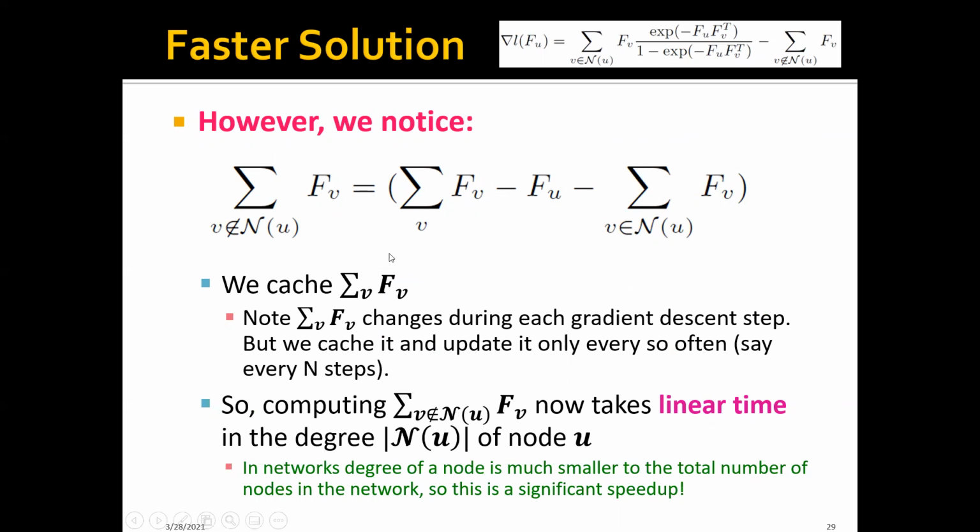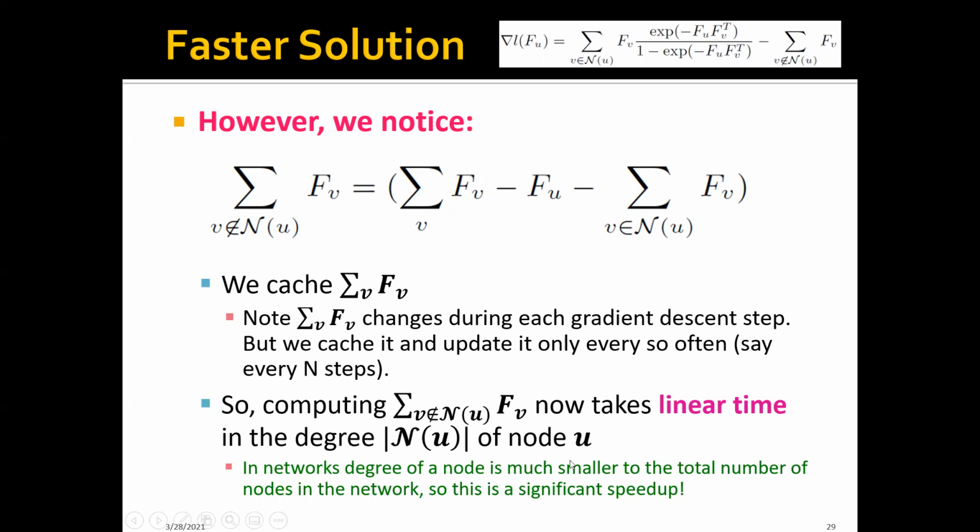And this saves computation because you always have much fewer neighbor terms than non-neighbor terms. And note that the sum of F actually changes during each gradient step, but we can still cache it and update it only every so often. Let's say that we can update it every n steps.